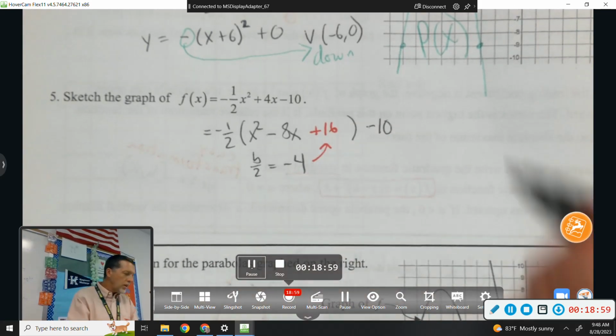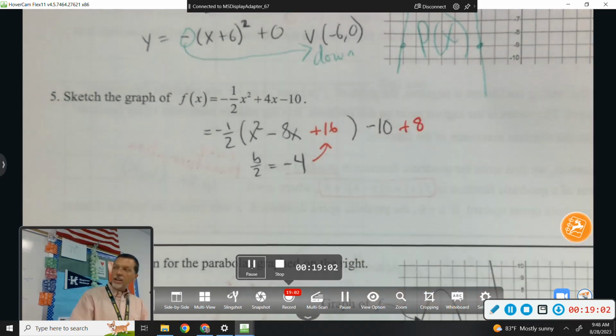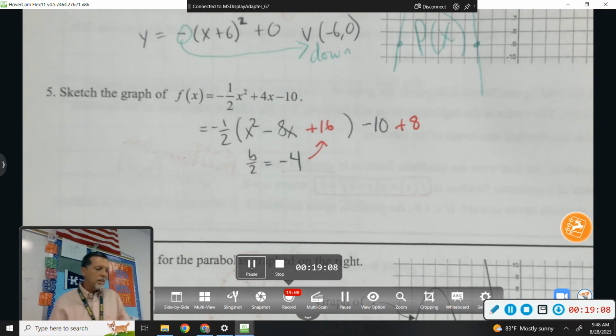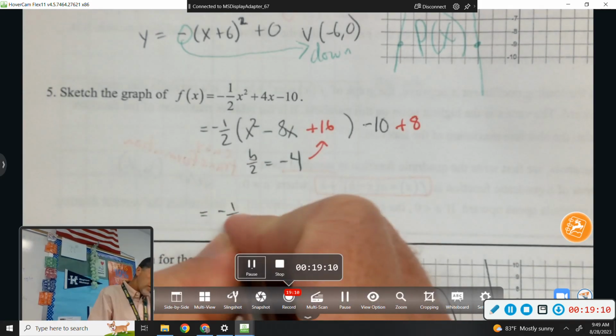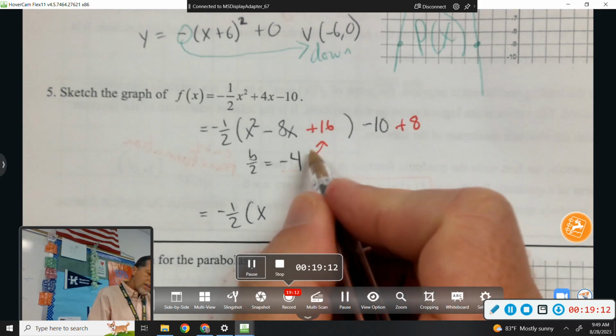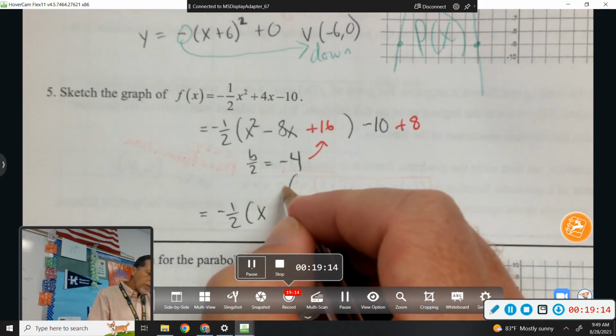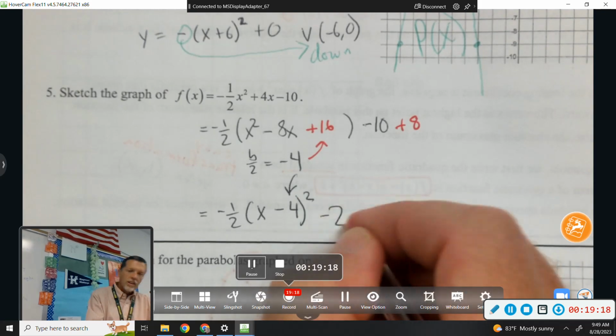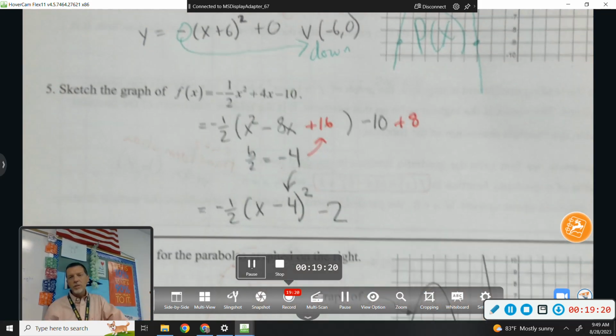Plus 8. Yeah, and that one feels really weird because the numbers are different and the signs are the same, but that negative 1/2 is what's causing that. So negative 1/2. Factor the insides, but I don't really factor it. Or maybe I know how it's going to factor because it's always going to be b over 2.